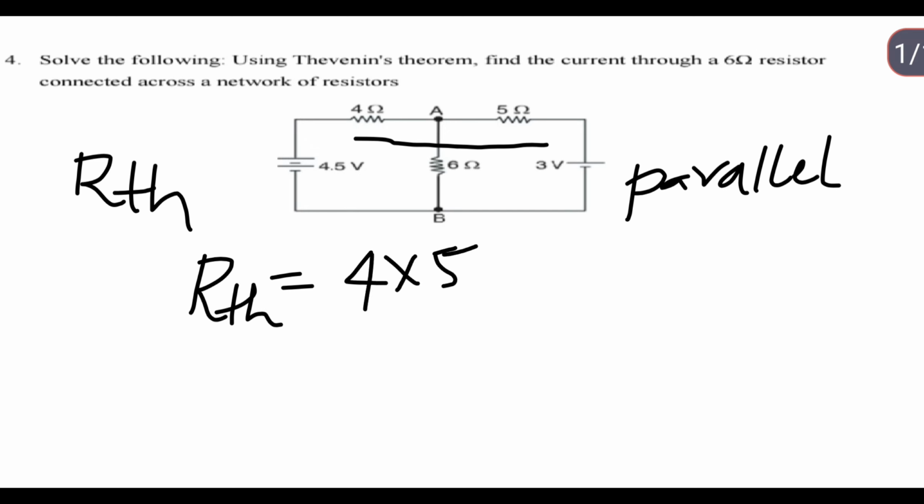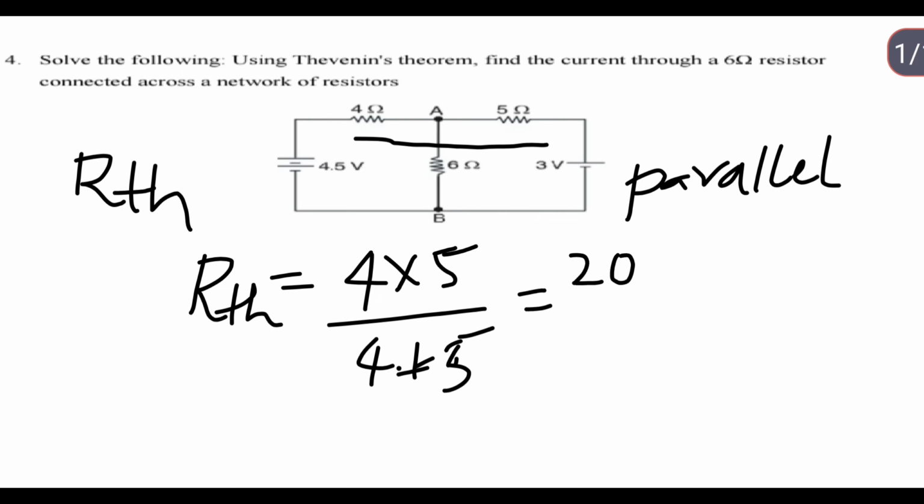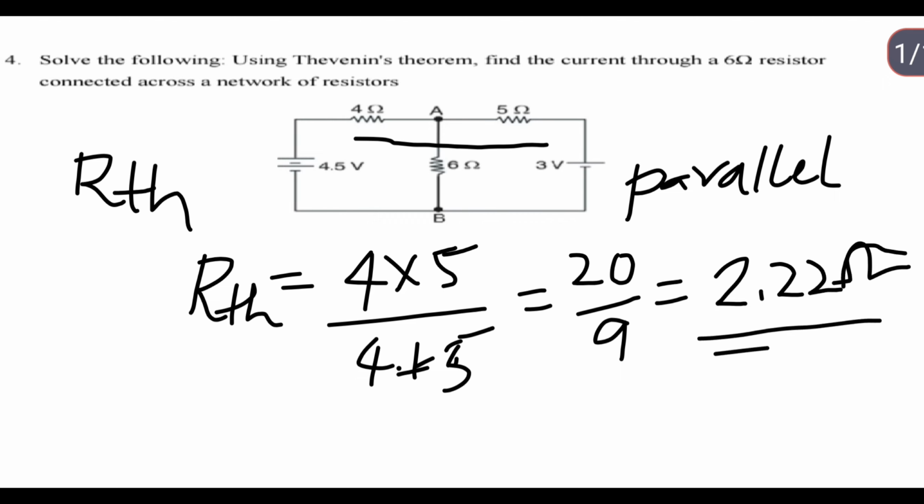R1 is 4, R2 is 5, divided by 4 plus 5. So you will get 20 by 9, which is 2.22 ohm. The Thevenin resistance will be 2.22 ohm.